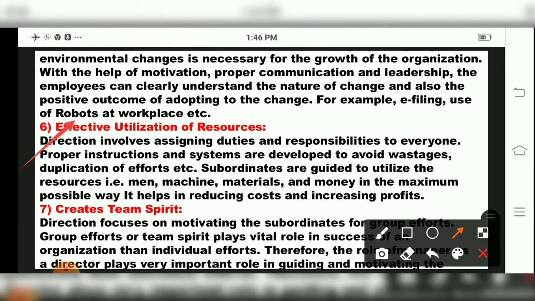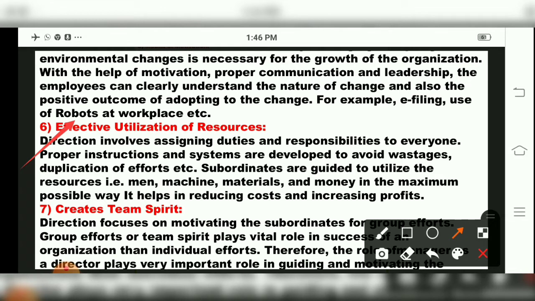So stop wastage of resources, stop repetition of work, stop harassing the labor, take out the best from each resource, use less of them, save their energy and do maximum production. That has been told in effective utilization of resources.